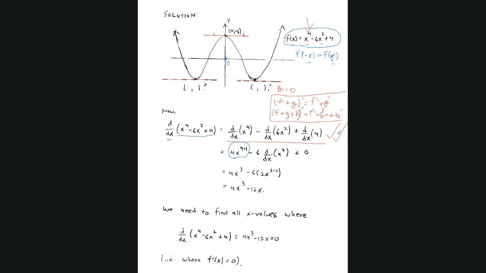And then the derivative of 6x squared is equal to 6 times the derivative of x squared. What rule did we use there, where we factor the 6 out? That's right, the constant multiple rule.